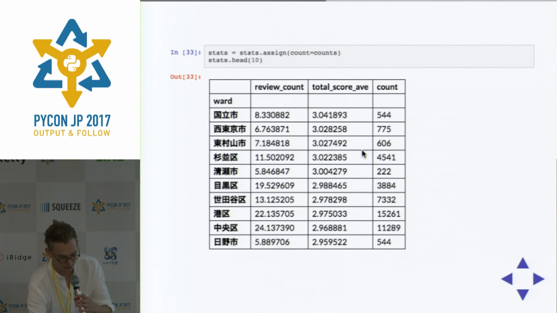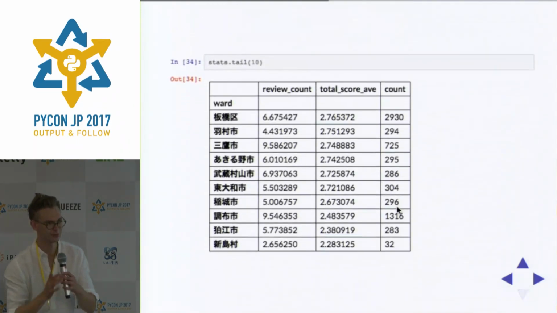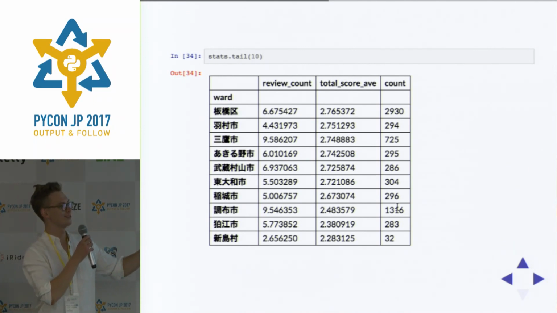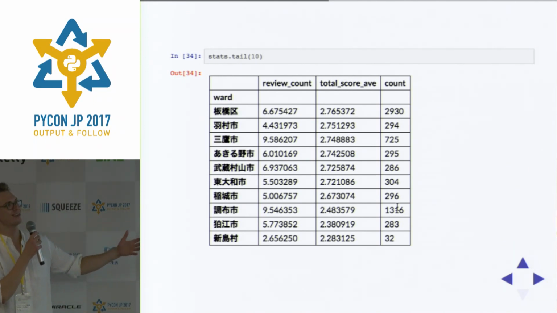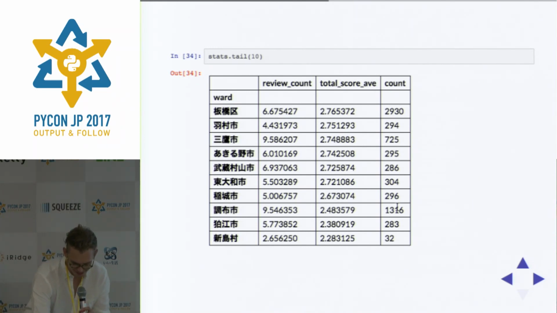So Kunitachi has an average score of 3, and Chofushi has an average score of 2.5, and it's calculated over quite a large number of restaurants. So we can say that there's really a statistically significant difference between the two. Probably I'm going to get bashed for saying this later, but anyway.